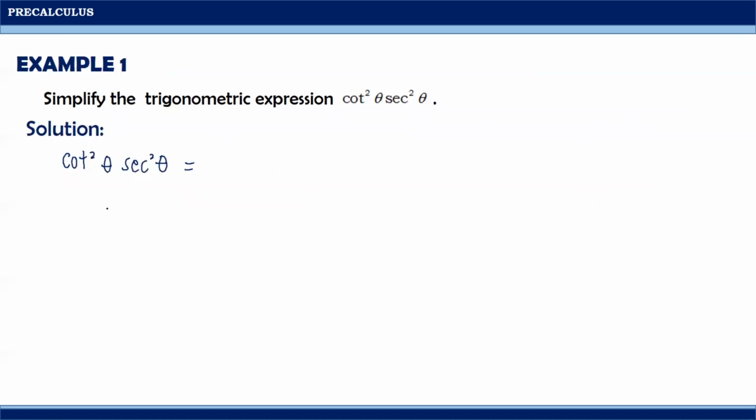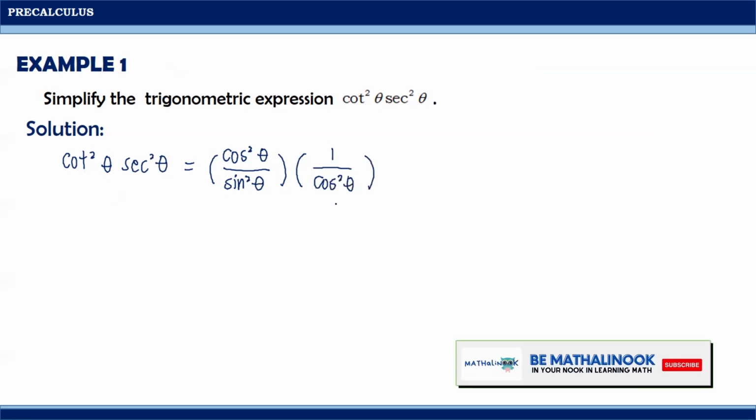Remember, using the quotient identities, cotangent squared theta is actually equal to cosine squared theta all over sine squared theta. Moreover, secant squared theta using the reciprocal identity is equal to 1 over cosine squared theta. From here, notice that all of the trigonometric expressions became sine and cosine.